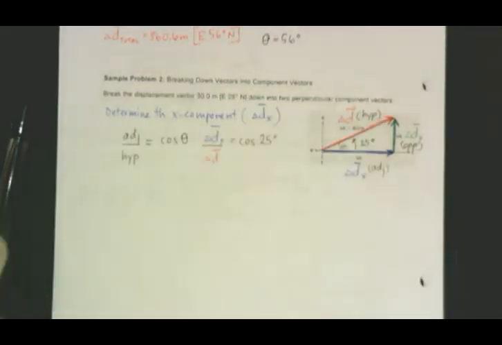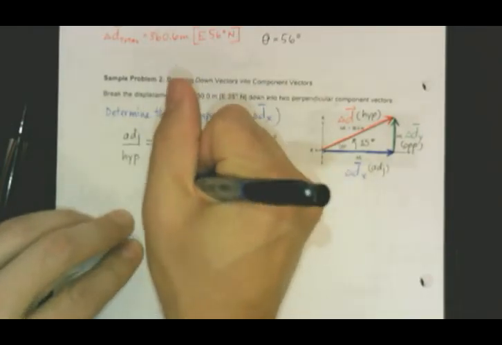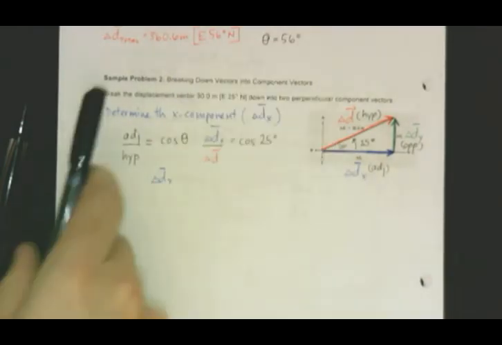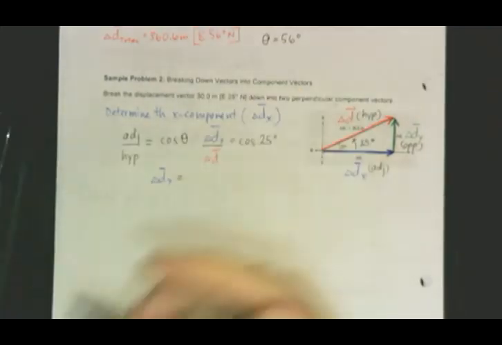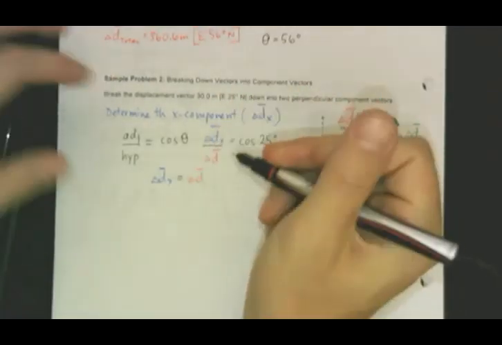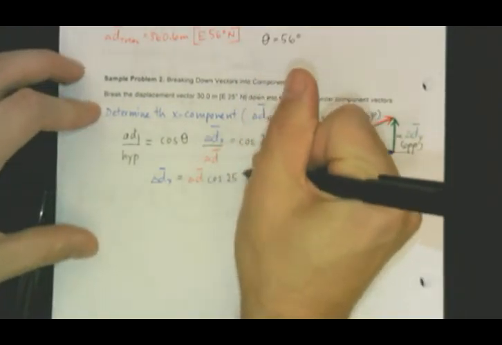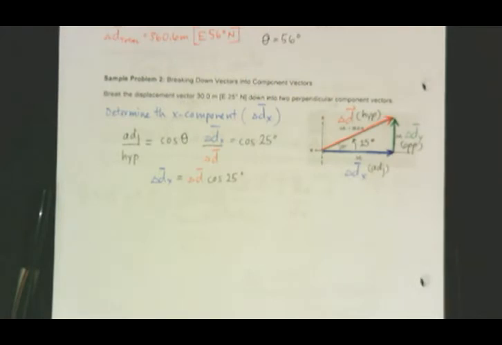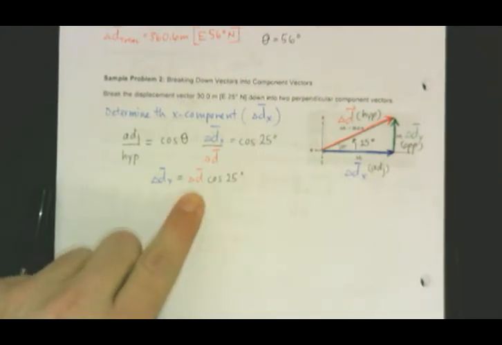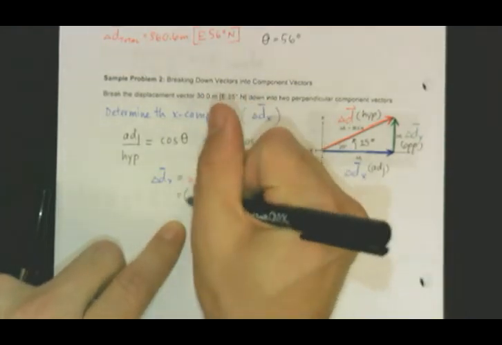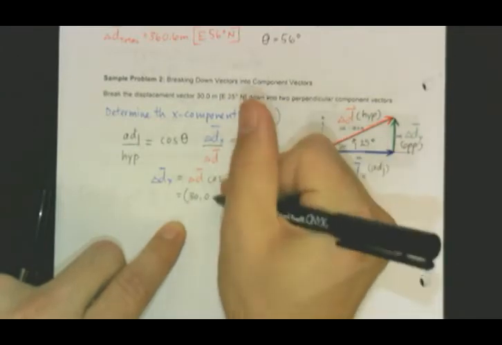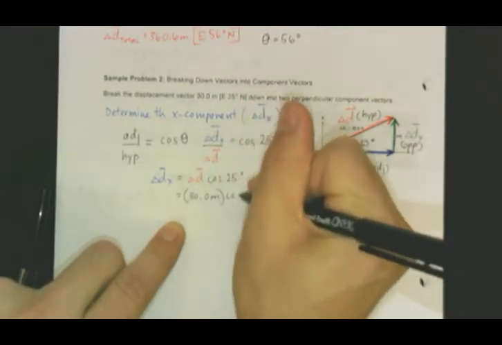Good. So we end up with delta dx is equal to delta d times the cos of 25. What do I put in for delta d here? What does the original question tell us? Delta d is what, Megan? 30 meters. 30.0 meters times the cos of 25.